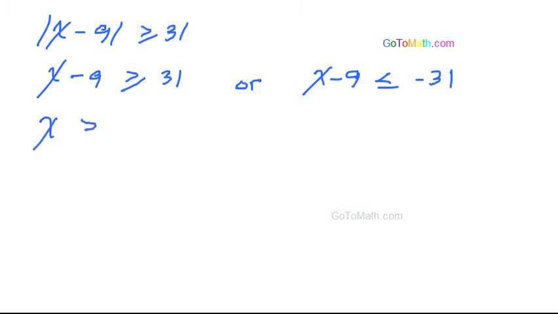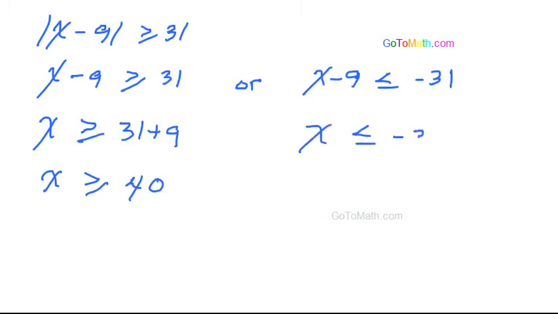So we have x is greater than or equal to, and we bring that 9 over to the right. So that becomes what? 40. Right? Okay, and then same thing here. Negative 31 plus 9. x is less than or equal to, and of course that's going to be what?